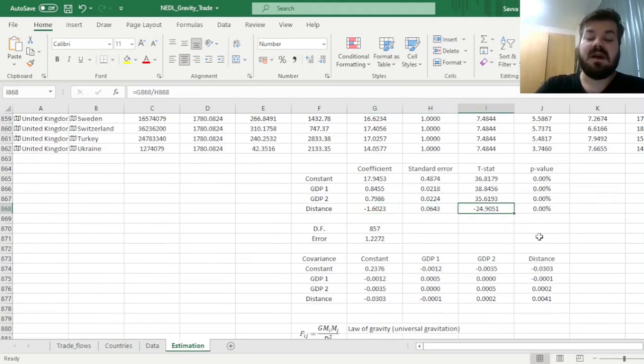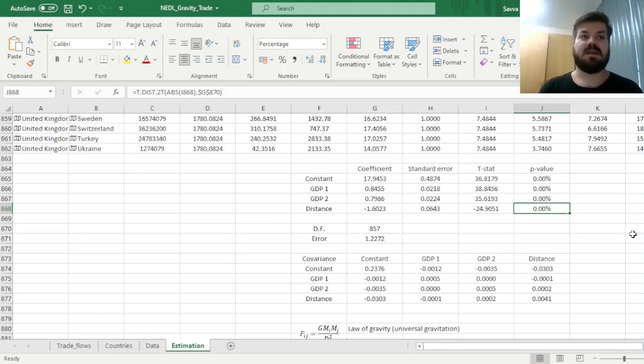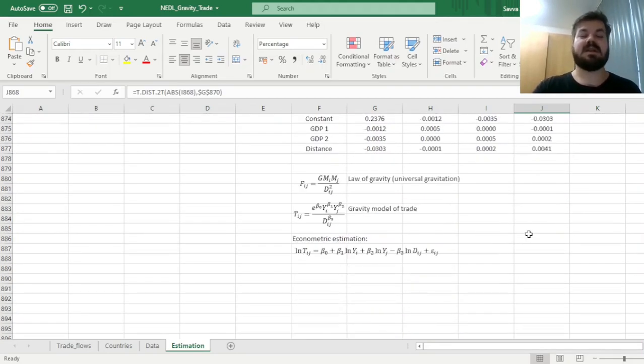However, it's still overwhelmingly significant, with a p-value quite close to 0, meaning that the presumption that we have elaborated on at the start, that larger countries trade more, all other things held equal, and countries that are closer apart trade more, all other things held equal, is fulfilled.